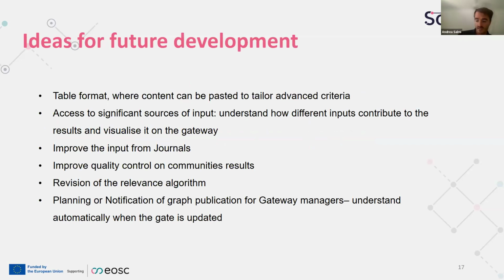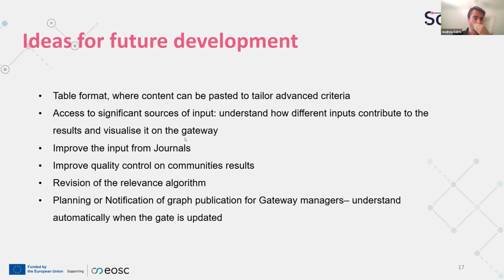In the ideas for development, since I see many of you are also in OpenAIRE, shaping the advanced criteria was a bit time-consuming. So having something like a table or something that can be pasted for multiple criteria would be more useful in trying to provide a better configuration.